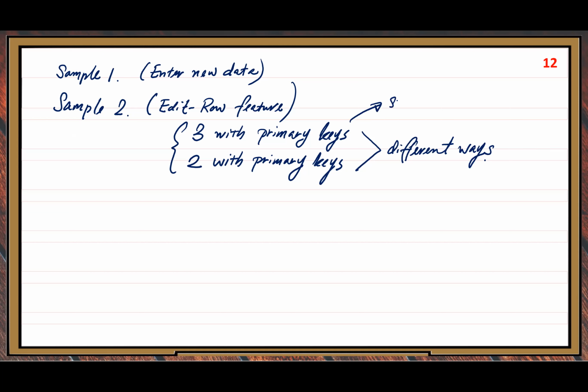With a primary key, we just use the primary key to identify the row. That's the first case, relatively simple. But the second way, we need to identify rows.